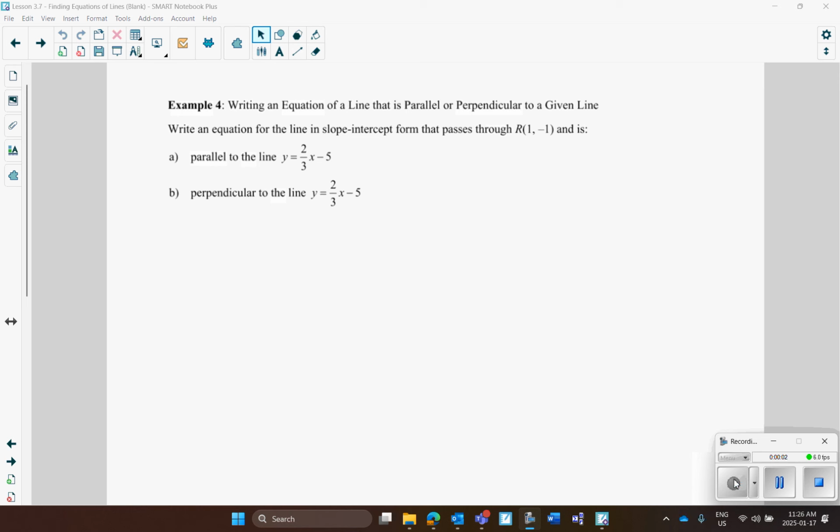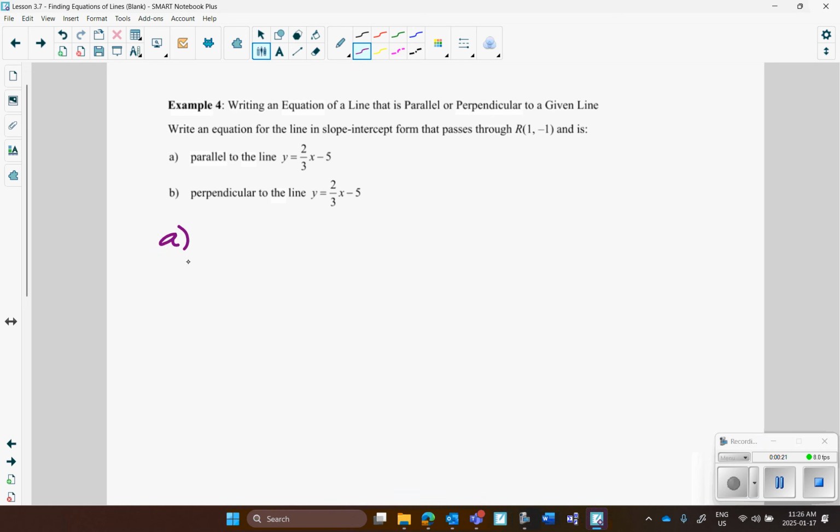So, we've been talking about how to find equations of lines. Remember, what's the formula we use to help us find it?